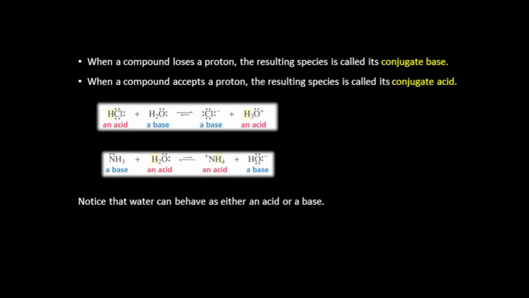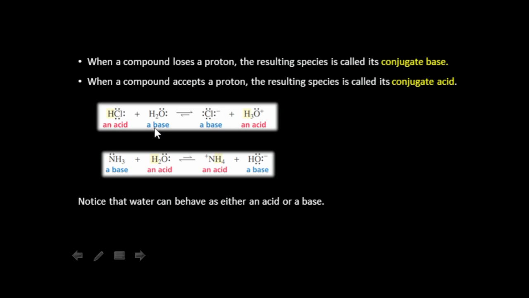When a compound loses a proton, the resulting species is called a conjugate base. Here you have an acid, HCl, and water is a base. The acid is converted to the base Cl- ion after the removal of H+, and that base is called a conjugate base.